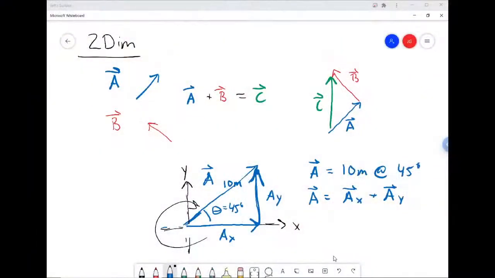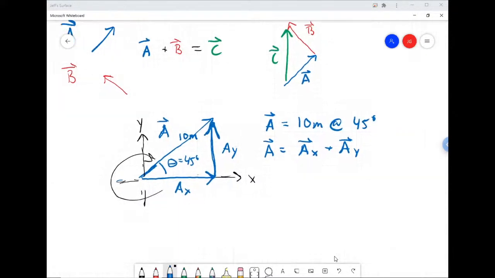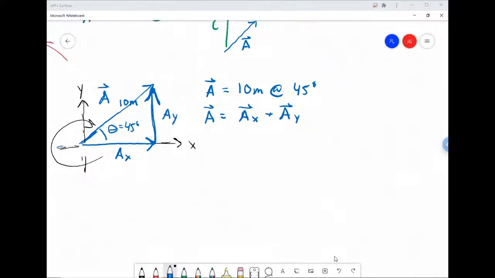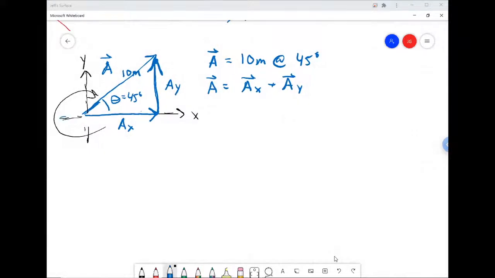These are two equivalent ways of specifying a vector quantity A. Another way you can do this is, since these are one-dimensional things, we have something called unit vectors.